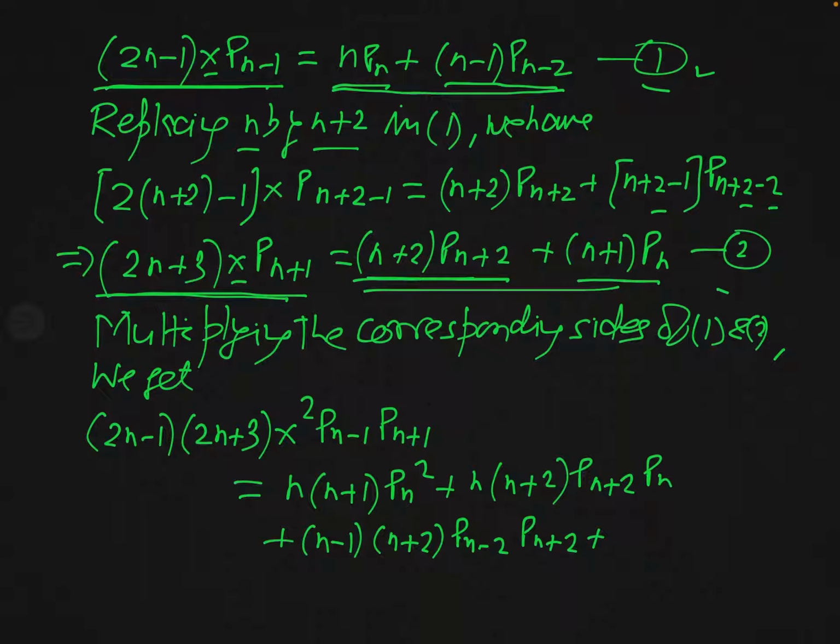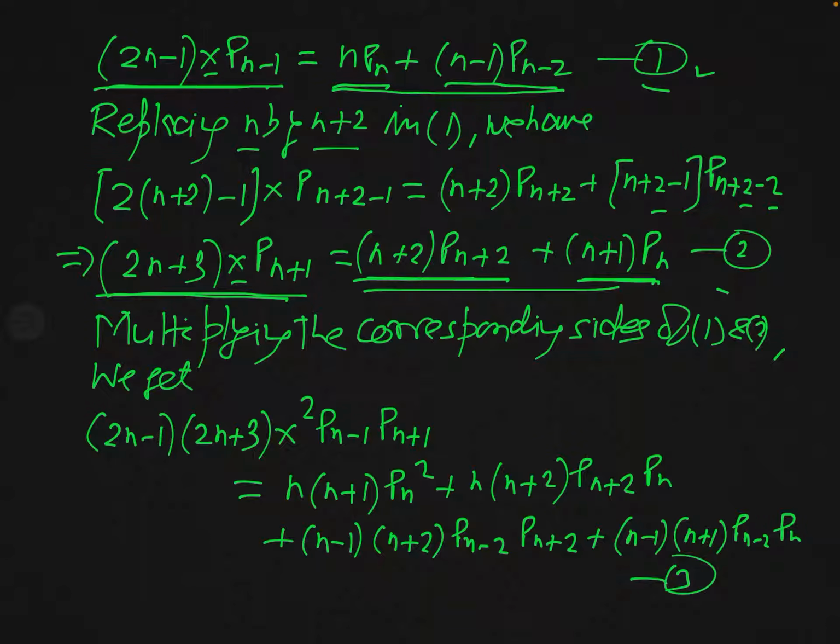Now finally we will multiply this n minus 1 into pn minus 2 with this n plus 1 into pn. So this will be n minus 1 into n plus 1 into pn minus 2 into pn.